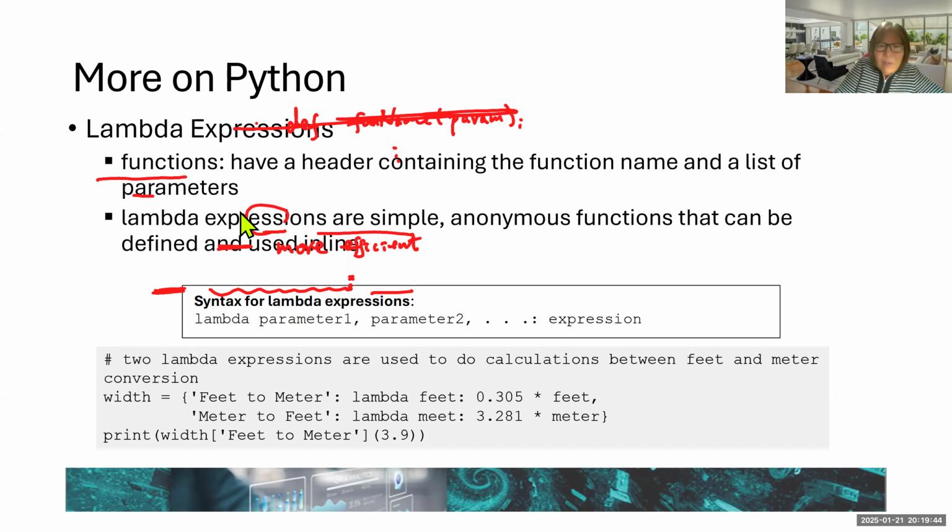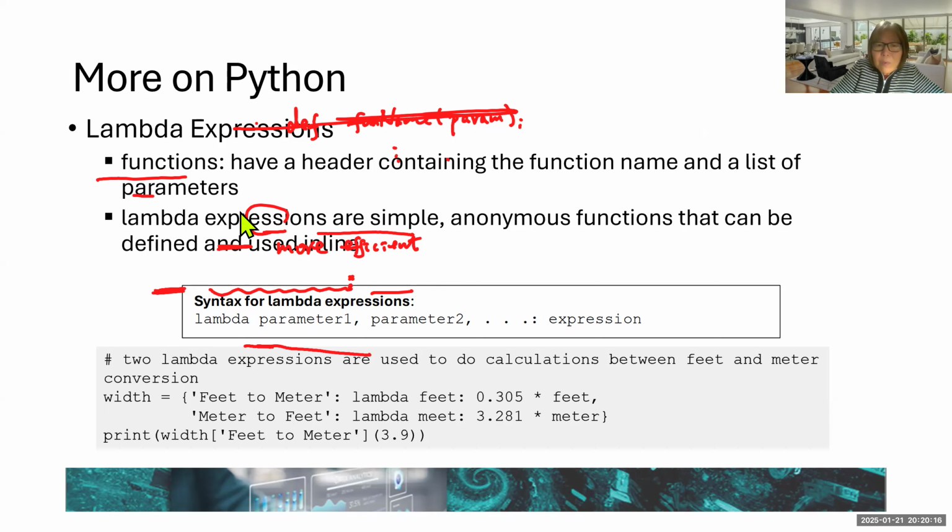Let's take a look at this example. This is a lambda expression. It converts from feet to meters. This is the keyword, this is the parameter, and this is the expression. And the same thing, here you have another lambda expression.